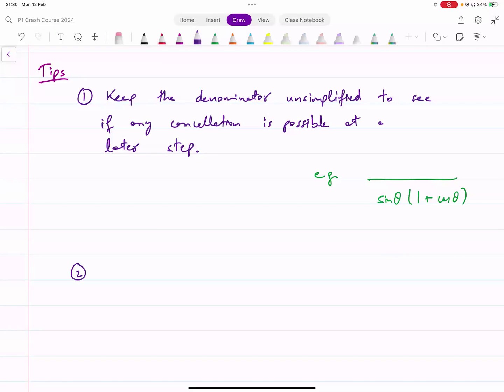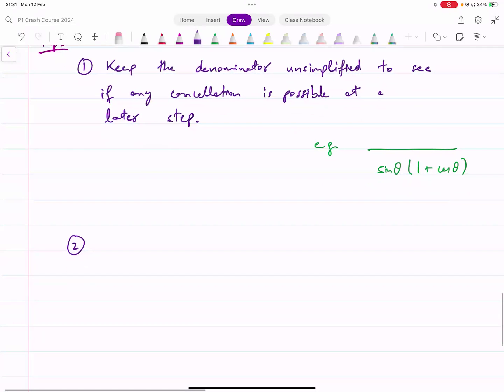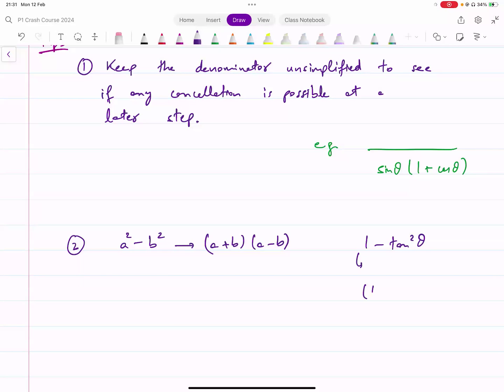Then you will have to use identities a lot, those algebraic identities, remember, to make cancellation possible like this. A square minus b square, you would have to often write it as a plus b into a minus b. For instance, if you had something like this, 1 minus tan square theta somewhere, you could treat it as 1 squared minus tan theta whole squared.